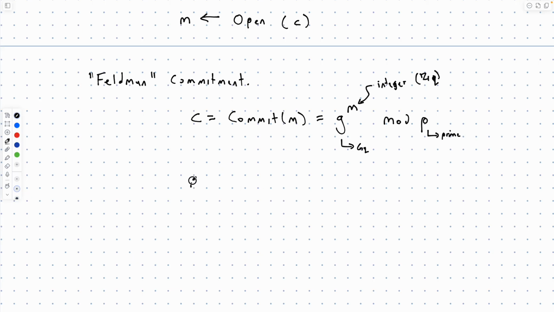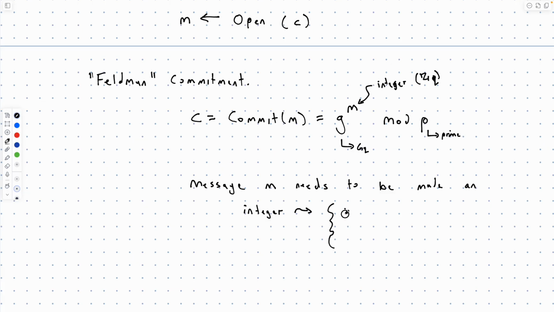Okay, so message M needs to be made an integer. And so there's different ways of doing it.